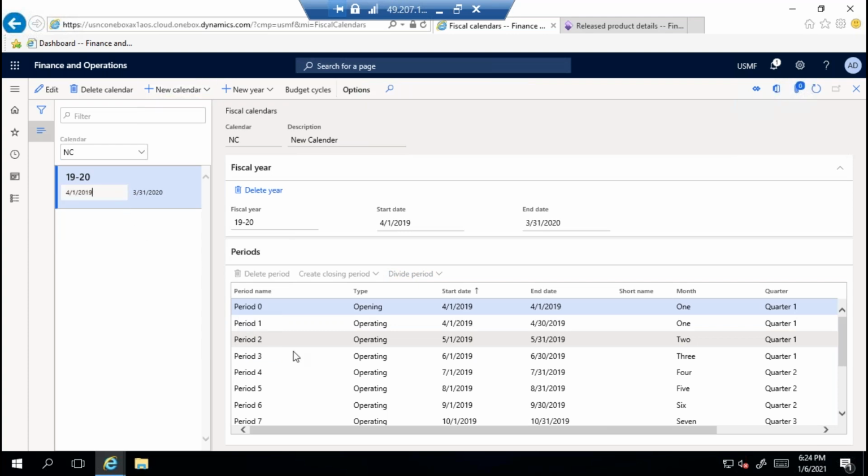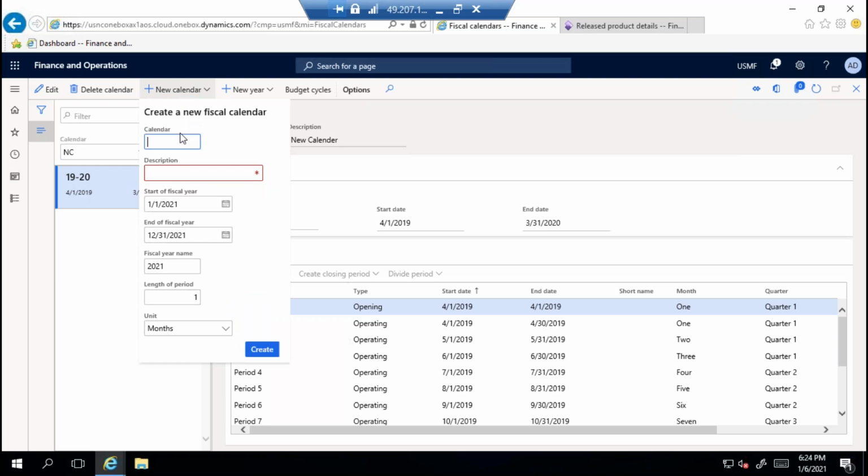1 month. See, it was created, each 1 month. What about if we put 12? If I create with 12, it will be altogether 1 year.